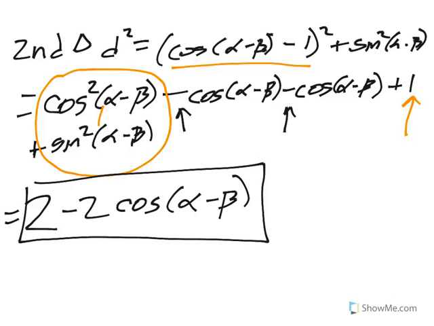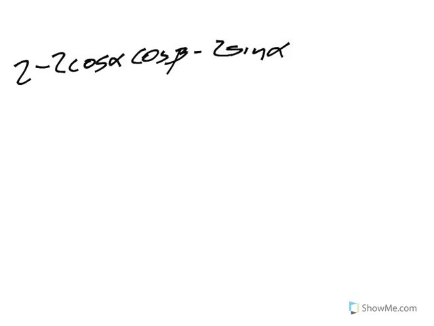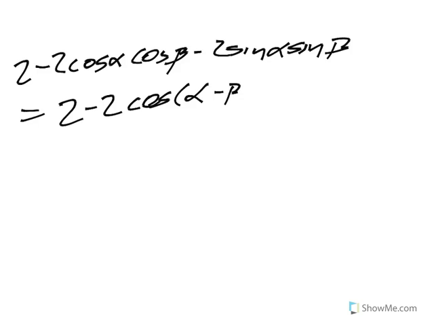So I'm going to set our two expressions equal to each other. 2 minus 2 cosine alpha cosine beta minus 2 sine alpha sine beta is the same as 2 minus 2 cosine of alpha minus beta. I'm going to subtract 2 from both sides.